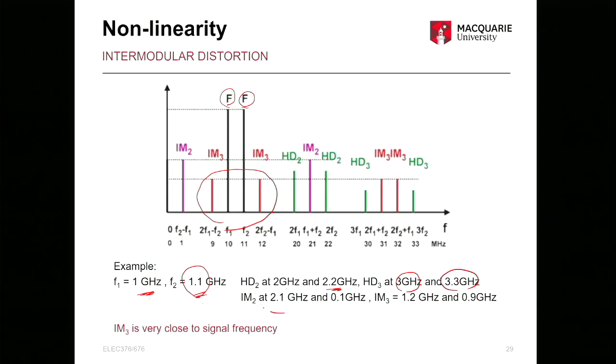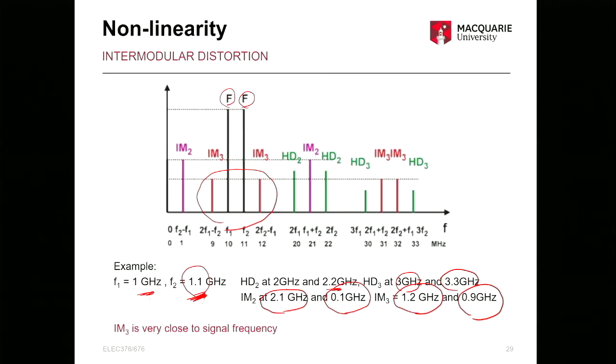Then you have IM2, which is 2.1 gigahertz by adding the two frequencies, and 100 megahertz by subtracting them. You have IM3, which is 1.2 and 0.9. You see, this 1.2 is much closer to 1.1 than any of the harmonics. So that shows why it is quite important. IM3 is quite important when we design an amplifier system for a nonlinear circuit.